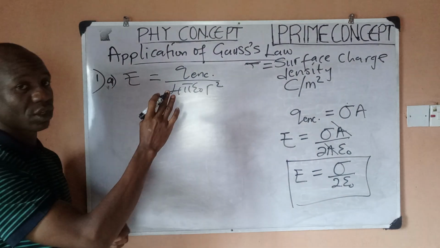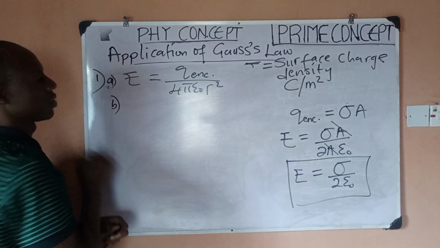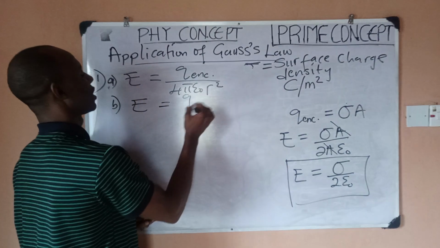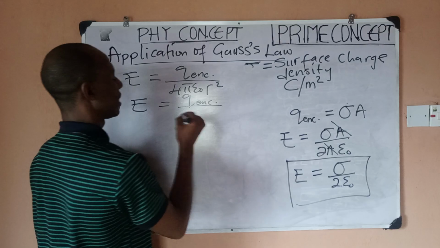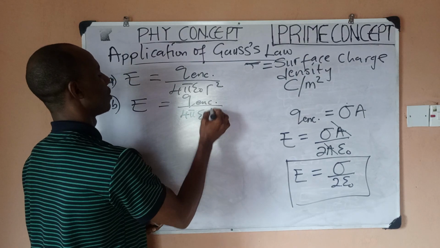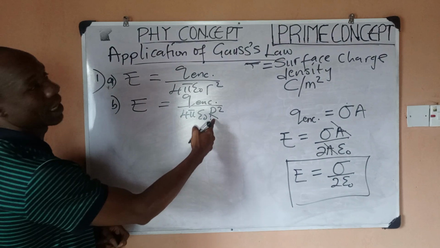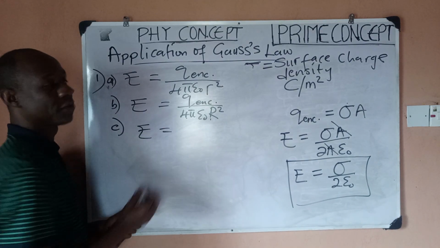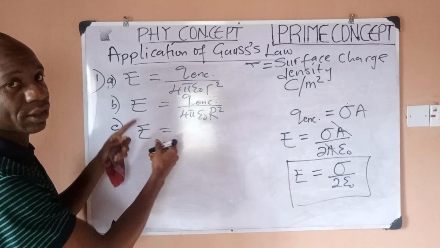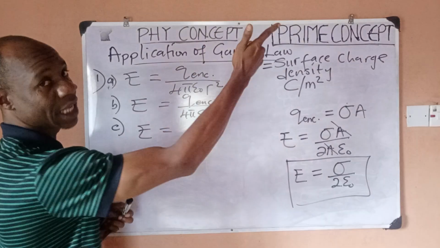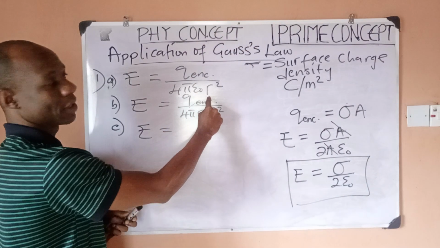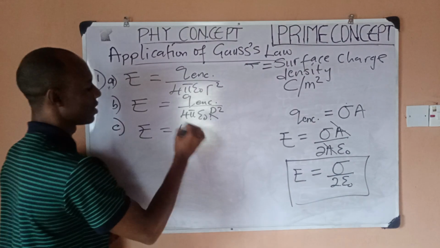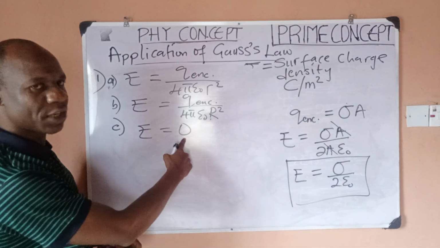This is the first condition. Then condition B, at a point on the surface, E is charge enclosed divided by 4 pi epsilon naught R squared. Then condition C, the electric field at a point inside the spherical charge, you said it is what? 0. So this is very important.